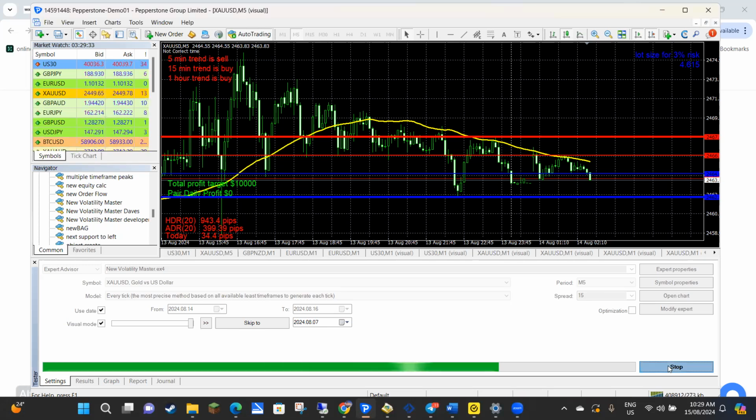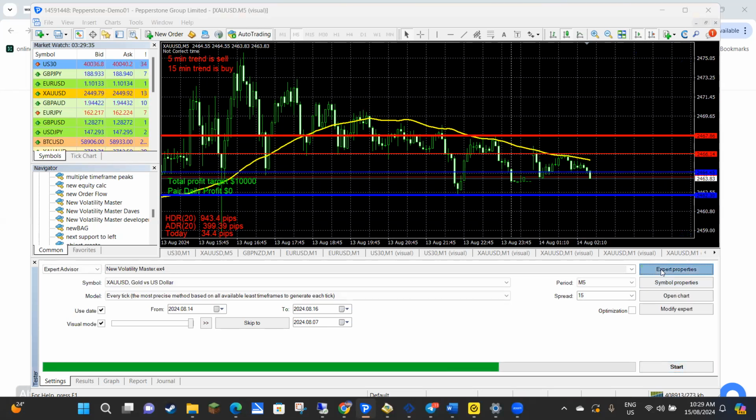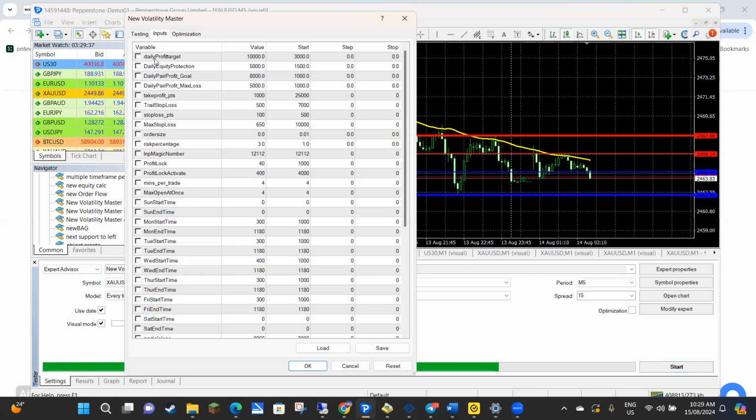And what we have in the settings is the same as always, our daily profit target and our daily equity protection. So that's the same as it's always been. But now we also have our daily pair profit goal and our daily pair profit max loss, which work exactly the same as these two, except this is just specific to whatever pair you have this software on.